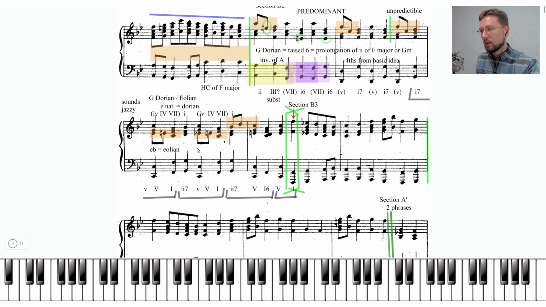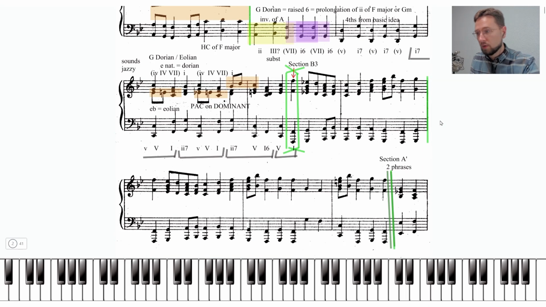And now we have these perfect cadences on the dominant of F major. So it's the cadences on dominant. And when we have so many cadences on the dominant, we usually talk of standing on the dominant. But I think that concept is much clearer here when we arrive to this moment.